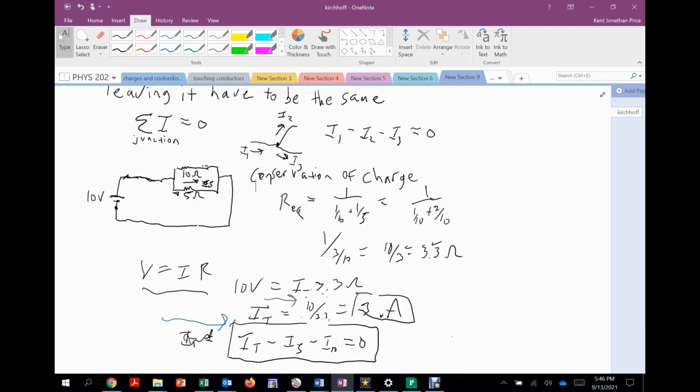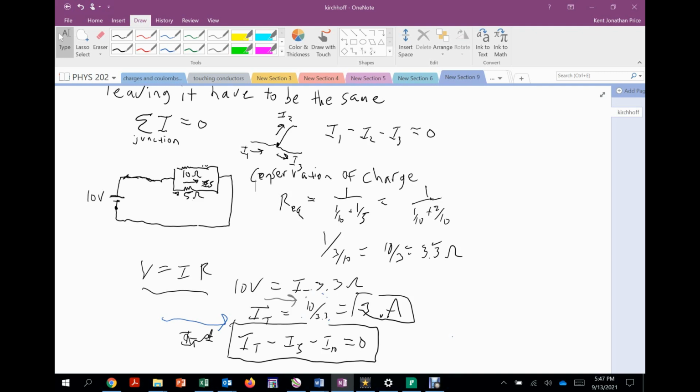That would be correct. But probably you wouldn't have thought of that, and even if you did, it's quite likely that the numbers wouldn't be so nice. We need a better way to figure out how much current goes through each resistor.